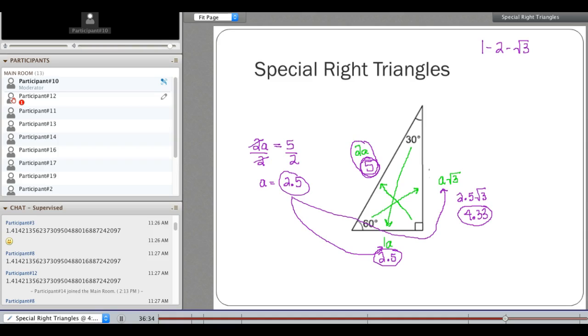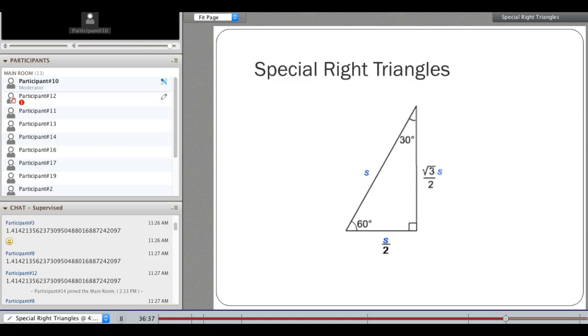Okay, let's try one more. Again, let me take out those. Okay, so do you guys remember, let me give you all whiteboard privilege, write down the ratios. What are the ratios for a 30, 60, 90 triangle? Good, Emma.